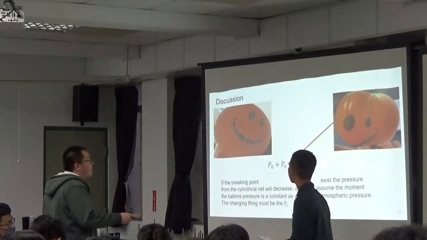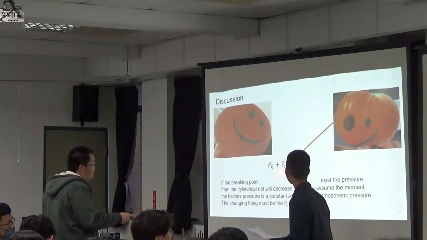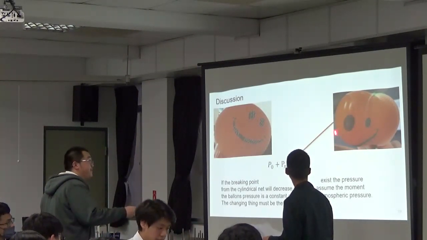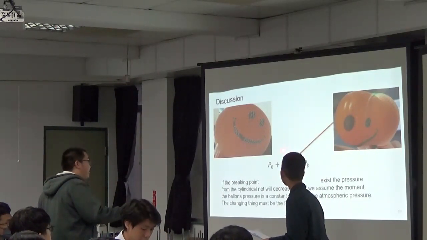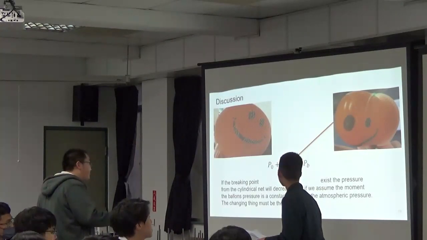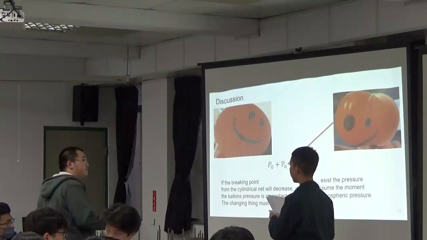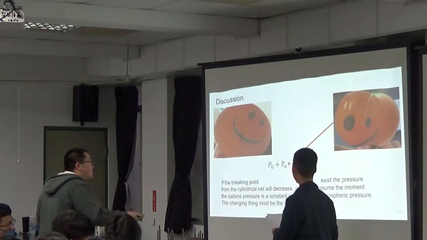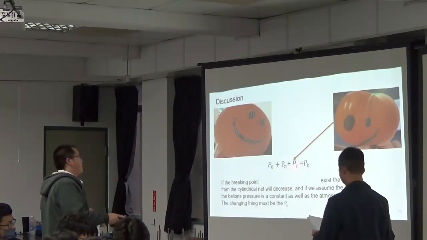So if we look at this part, the pressure from the cylindrical net, which is the end part, decreases in this particular space in this particular unit. So the only changing part, which compensates the net part, is the surface tension. Oh, so the surface tension will decrease. The surface tension, because the balloon is fixed, will increase. Okay, I got your point. Sorry, I didn't demonstrate it. It's okay.